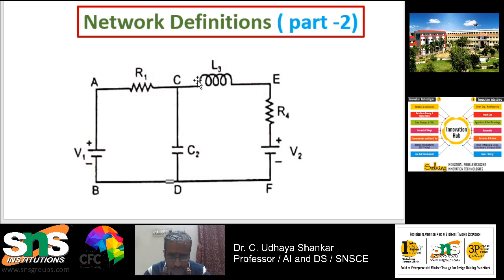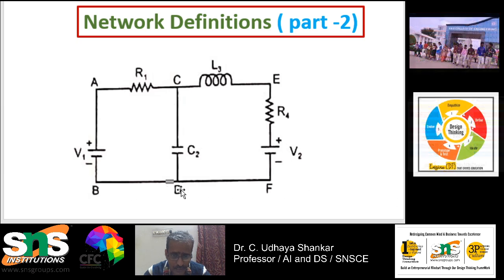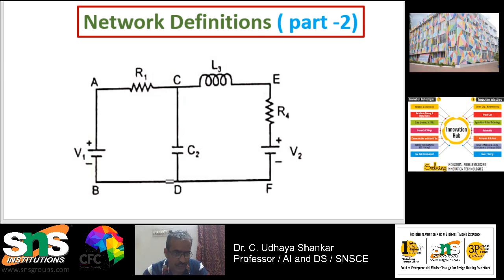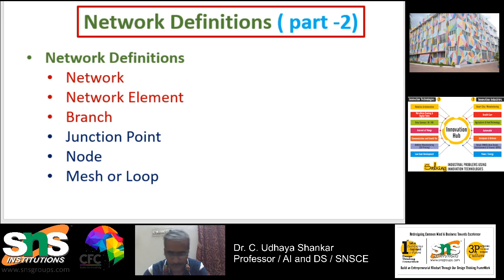Three branches meet at this point, so it is called the junction point C. Similarly, BD is one branch, FD is one branch, and CD is another branch, so D is also a junction point. C and D are the junction points where three or more elements meet at a particular point. Hope you are clear what a junction point is.